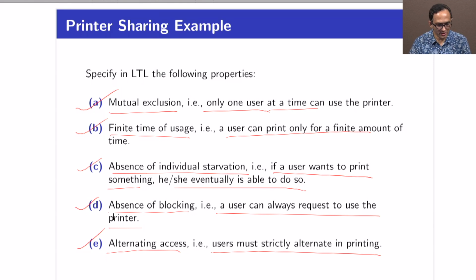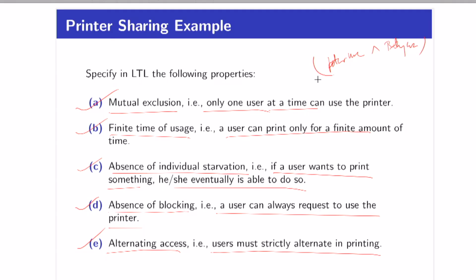So we will do it quickly. So mutual exclusion is easy. That means Peter dot use and Betsy dot use cannot happen together, right? Globally, Peter dot use and Betsy dot use cannot happen together. So if you convert, it is written here.